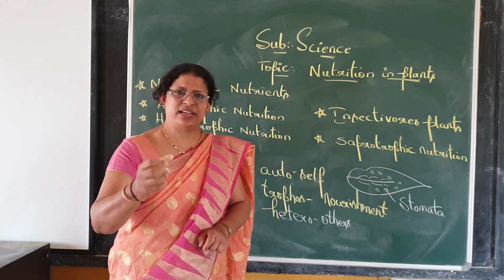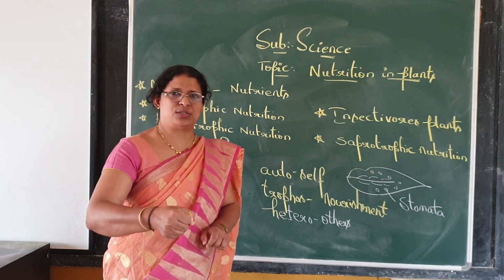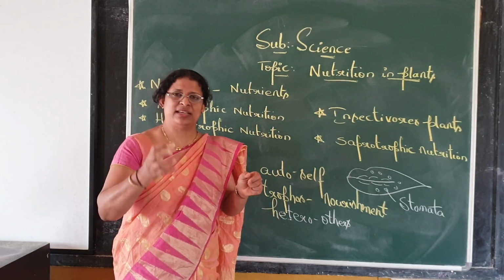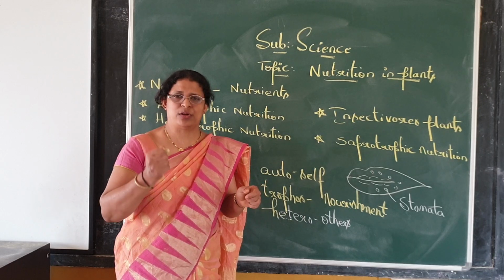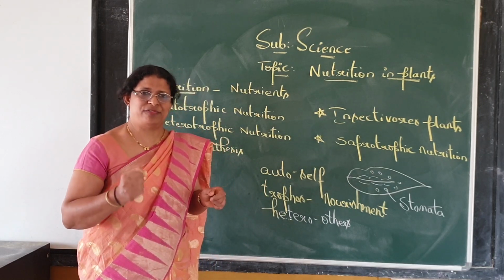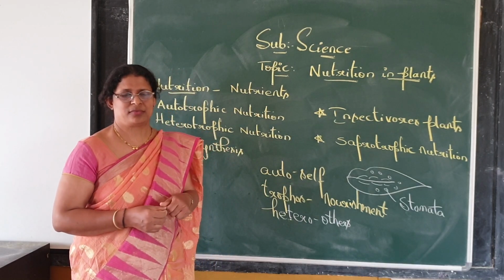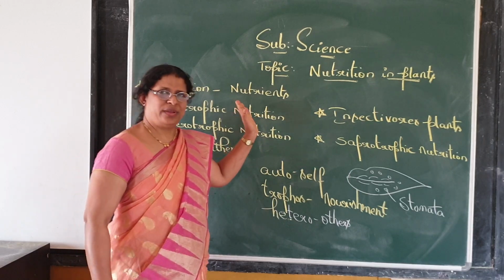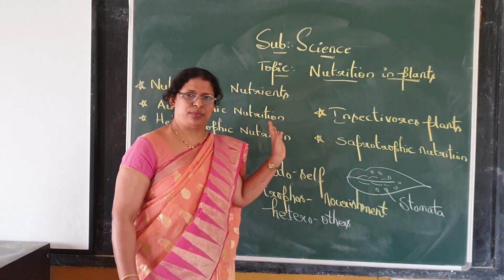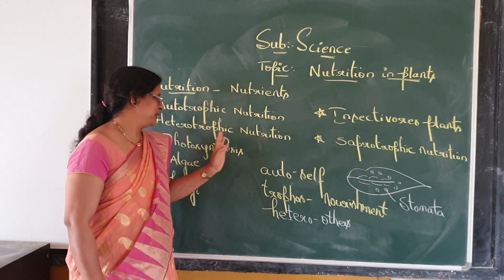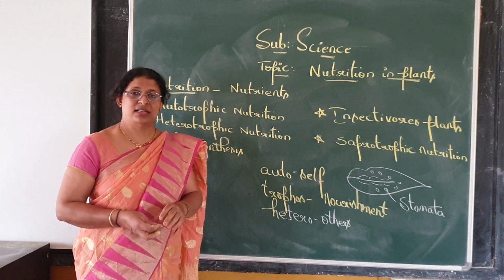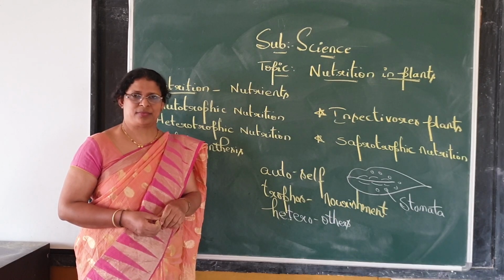They take nutrients from the bread, or otherwise you can say they depend on dead and decaying organic matter, and that we call saprotrophic nutrition. Now we have understood the concepts of autotrophic nutrition, heterotrophic nutrition, as well as saprotrophic nutrition.